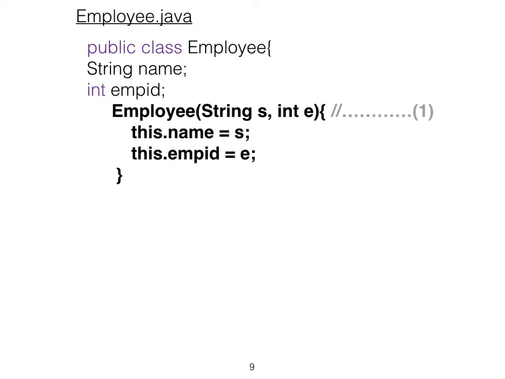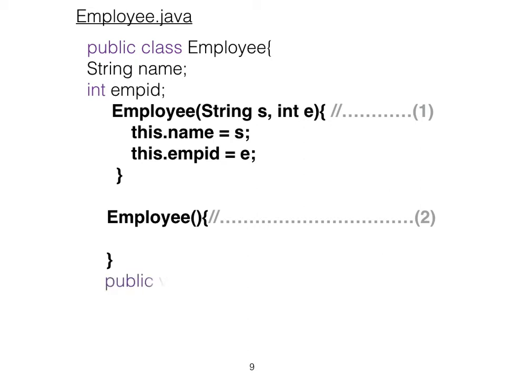Here we have declared two constructors. One is parameterized at point number one, and one is default constructor added by the programmer at point number two. So here we can see that a class has got two constructors.